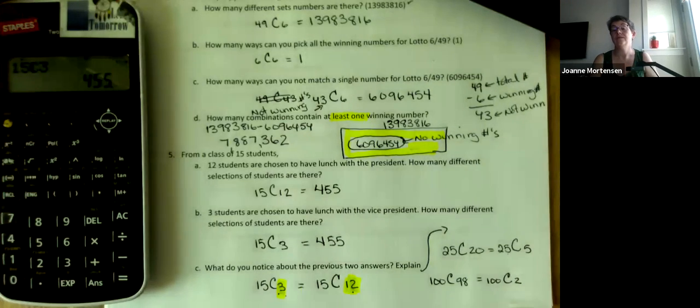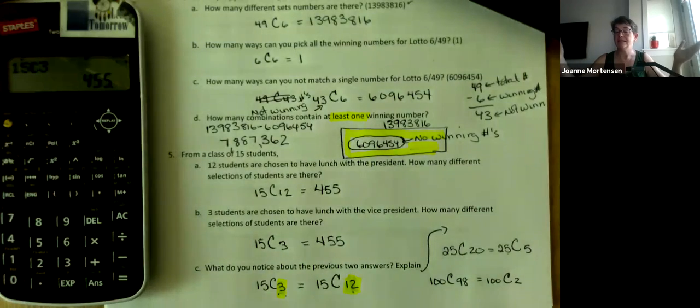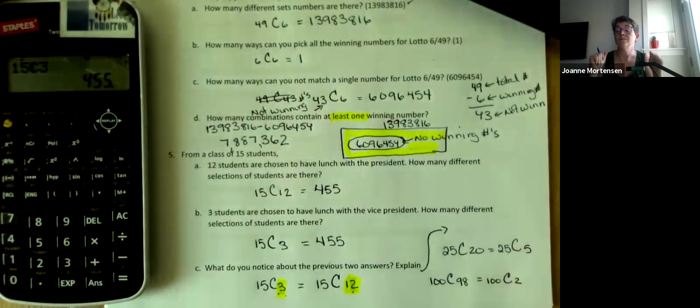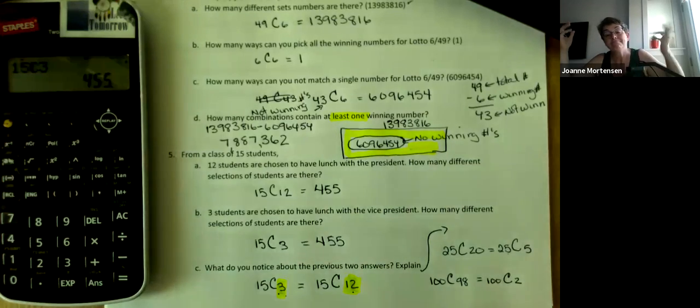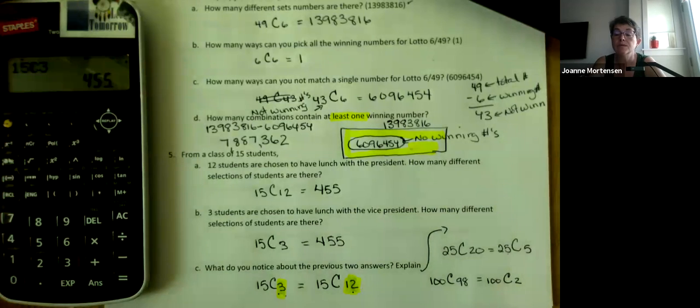So if there's 100 books, you have to read 98 of them. Wouldn't it be a lot easier to just say, you know what, I'm not reading those 2? Same. Oh, here's a tough one.